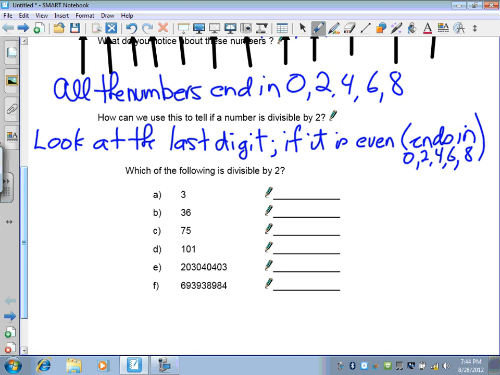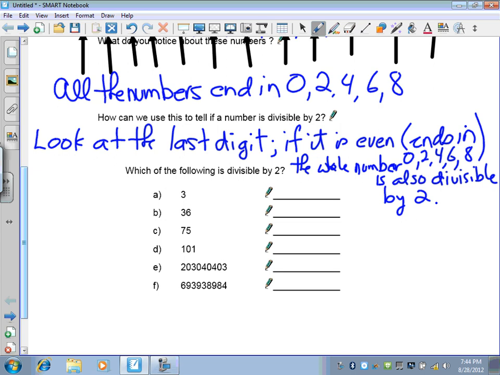If it is even, or ends in those numbers, the whole number is also divisible by 2. So let's take a look at some questions here.